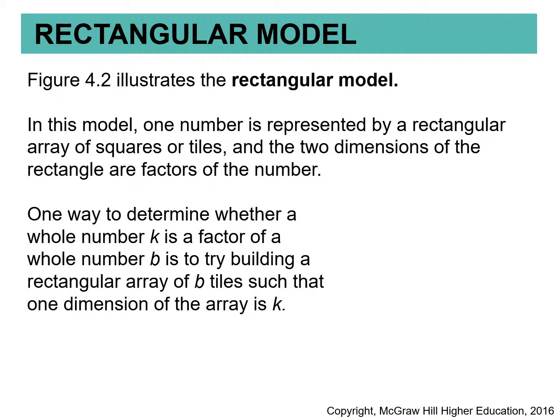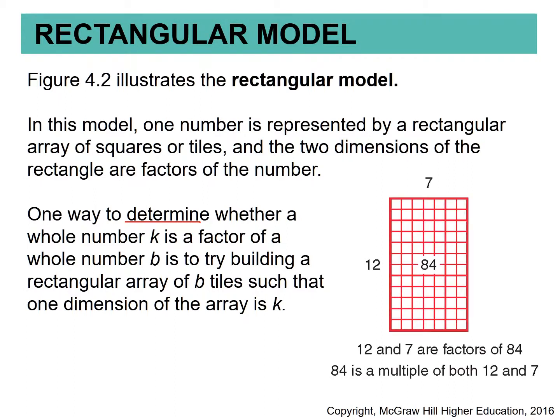One way to determine whether a whole number k is a factor of some other whole number b is to try to build a rectangular array. So if I wanted to see how many times 13 would go into 169, you could build a rectangular array where one side was 13 and then figure how many repetitions of that you have to add together in an area model to be 169.